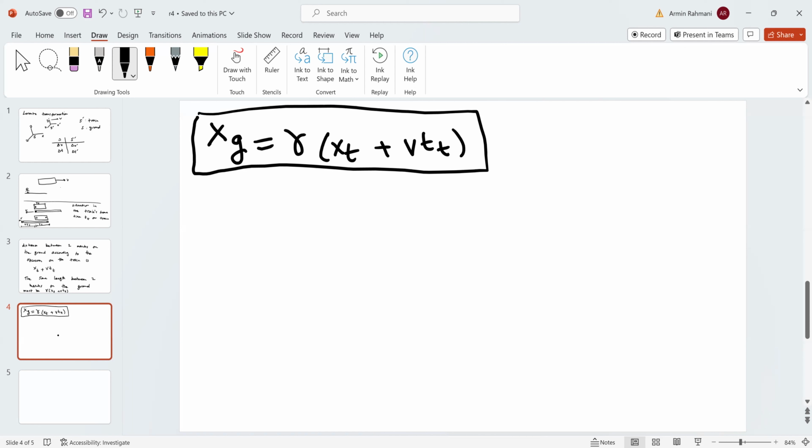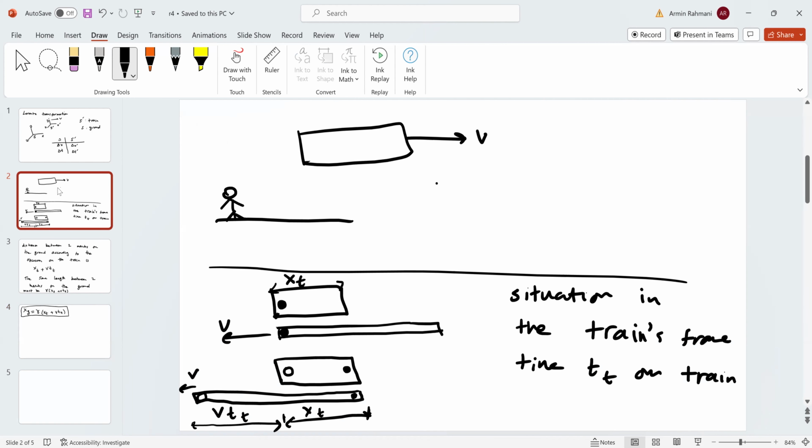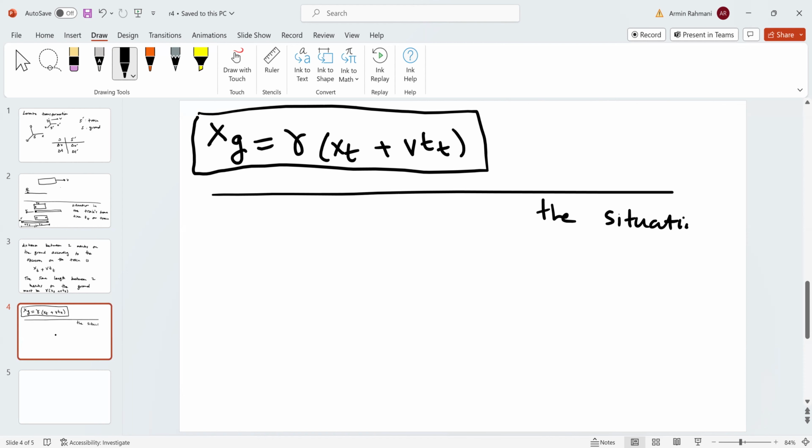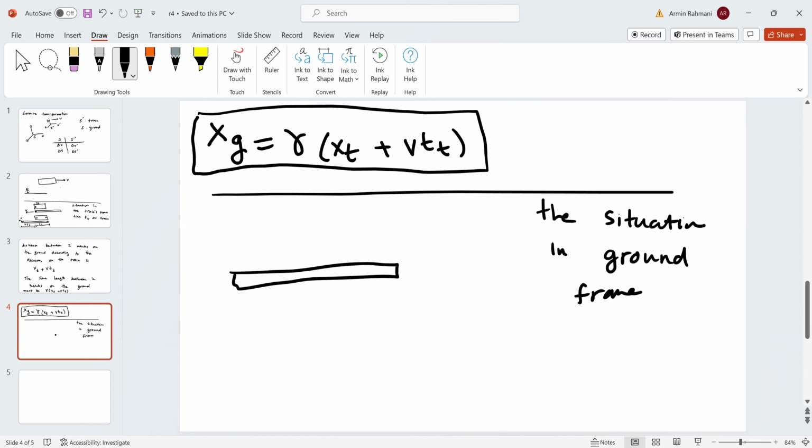Okay, so now let's draw the same situation, but now instead of in the frame of the train, which we did here, so we drew the situation in the train's frame, let's do the situation in the ground's frame. So here the platform is there, it's not moving.